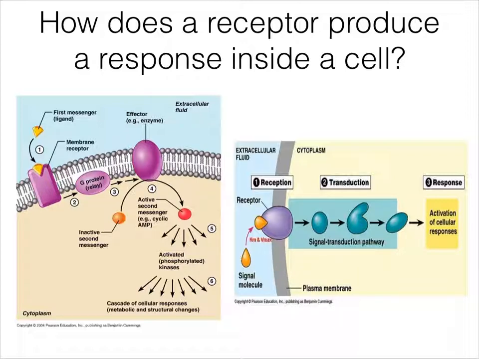Maybe it changes its shape when it binds the ligand, maybe it phosphorylates itself, maybe it activates some sort of catalytic function that it has. In one of the most common types of receptors, it's normally bound to a protein called a G protein. But when the ligand binds, the receptor changes shape so that it releases this G protein.